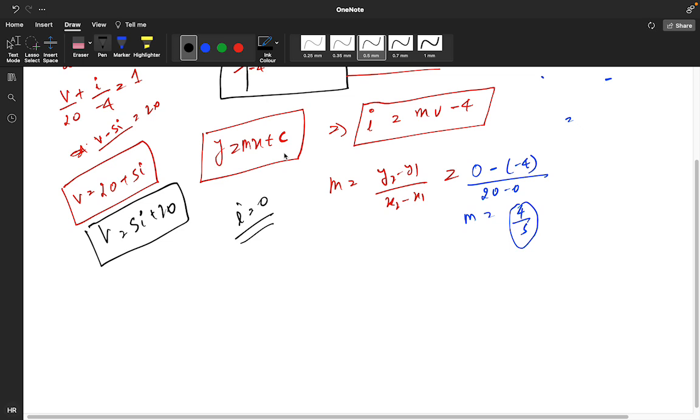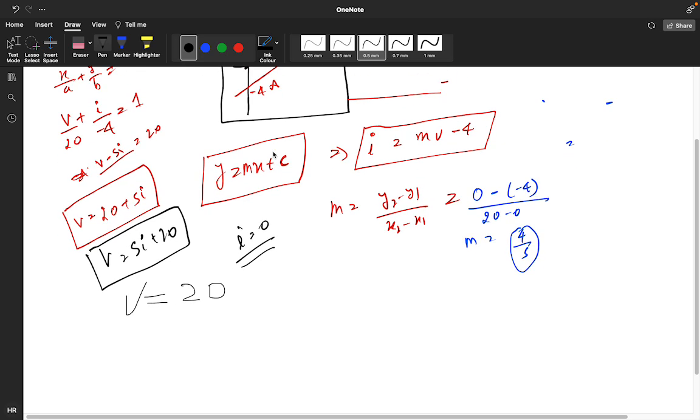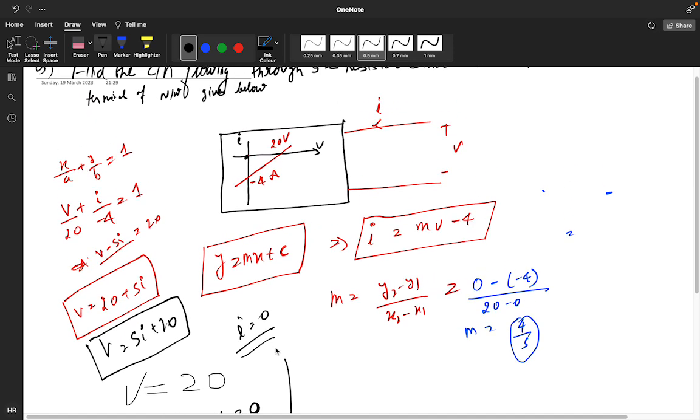So we are getting the V value as 20 volt. And what about when I is minus 4? When I is minus 4, then what is your V? It's 0. By seeing this only we can say.